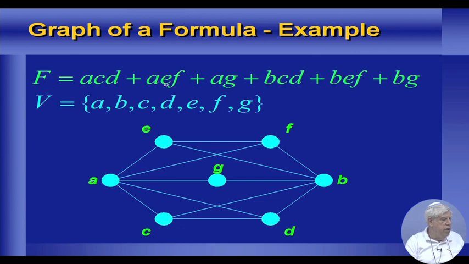Similarly, AEF is a triangle, AEF. So each one of these terms is giving me some edges in this graph. This is the co-occurrence graph. Every prime implicant gave me a clique, not necessarily maximal.